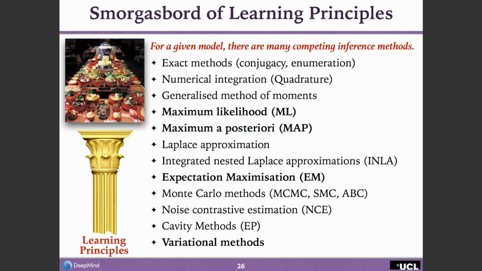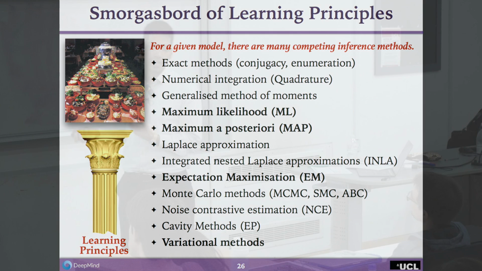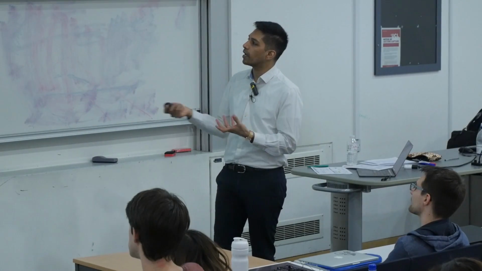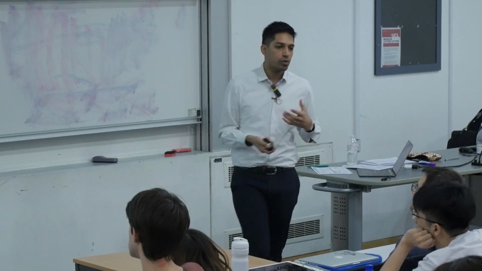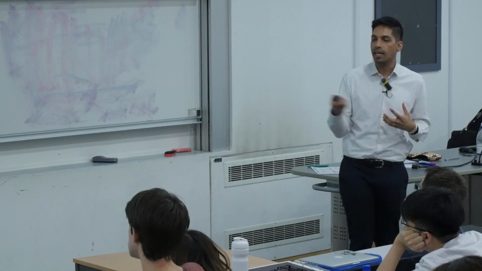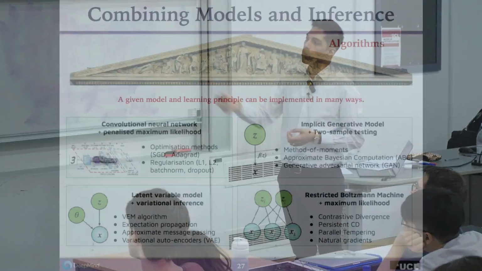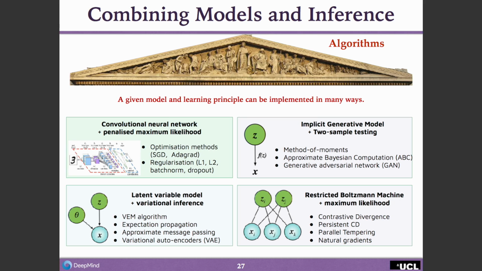So now you get to choose one of your models, and you get to choose literally any one of these learning principles, and then that's how you will fuse your data in with your model, and then you will be able to build an algorithm of some sort. So this is where everything comes out. So let's go through 4 different cases so that you understand this. So you can take a convolutional neural network. This is a model. This model encodes the fact that we want to model images.